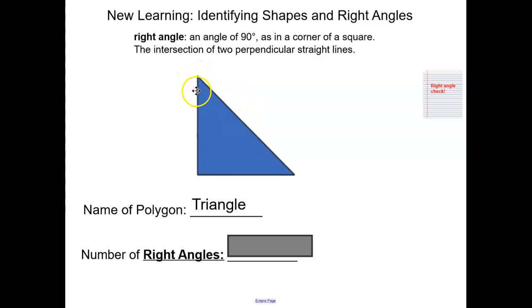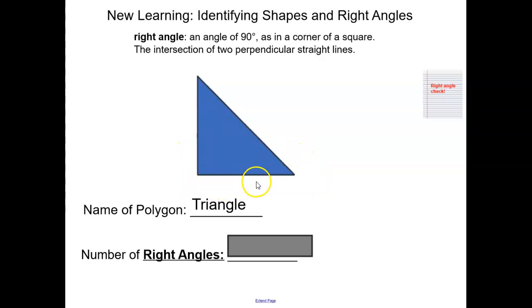How many right angles does it have? I know right away that this is not a right angle because there are not 2 perpendicular sides that meet to form a corner. It's smaller than a right angle because this is what a right angle would look like. I could check using my checker. This is also not a right angle. Look, the corner is not made up of two perpendicular straight lines.